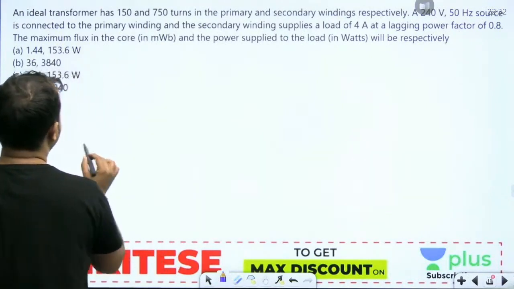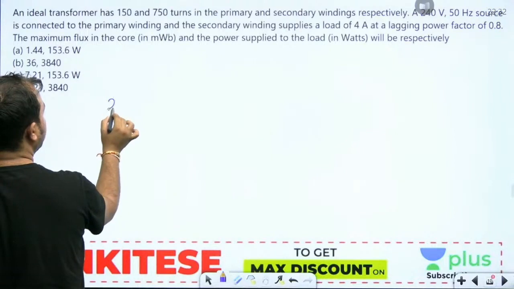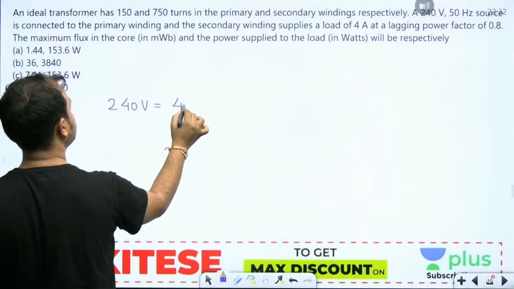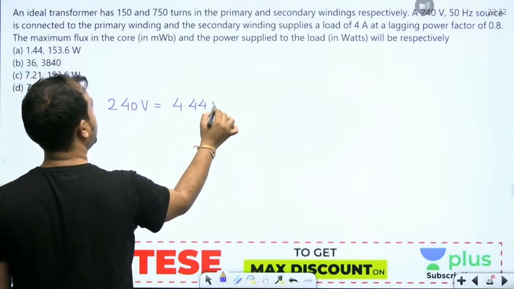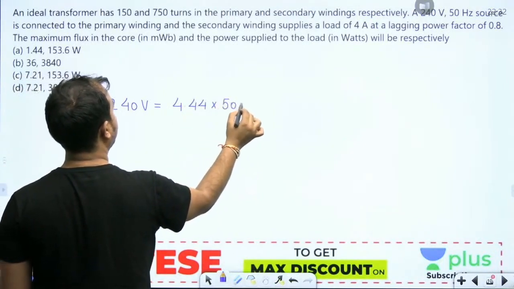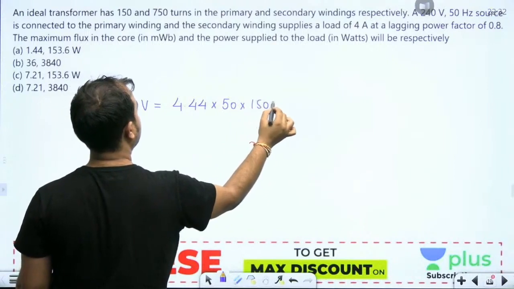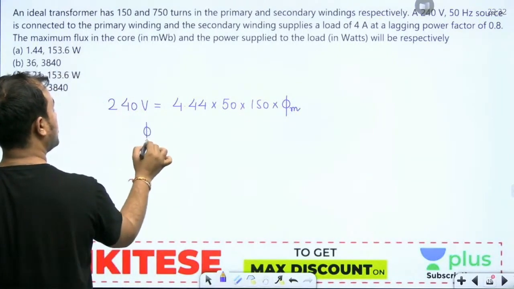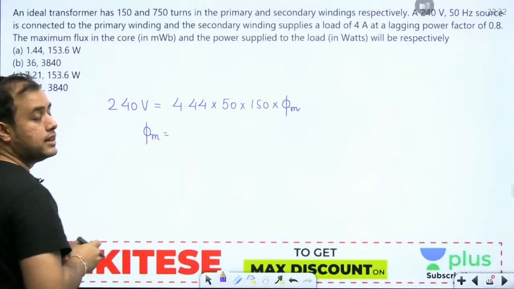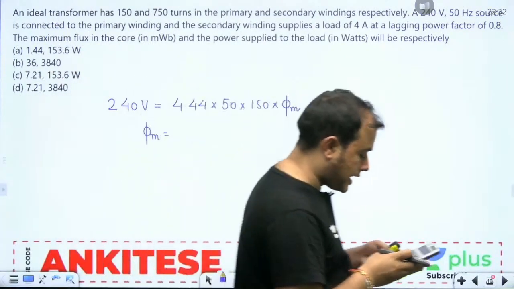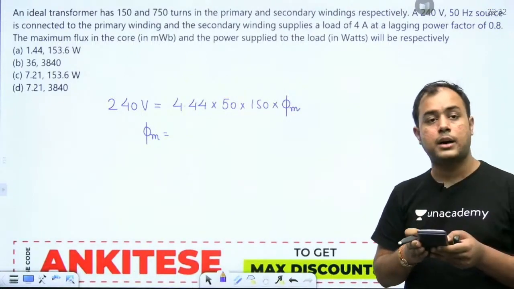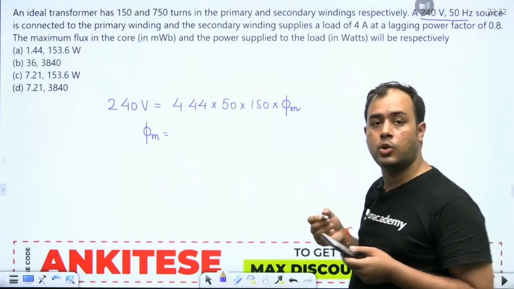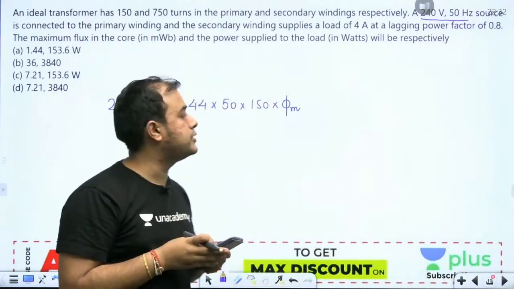Now, we have a voltage of 240 volt in the supply, which will be 4.44 f N into maximum value of flux phi M. So this will give you maximum flux very easily. Guys, in an ideal transformer, the induced EMF will be equal to the terminal voltage. This 240 volt 50 Hz is actually the terminal voltage, but it will be equal to induced EMF as well.